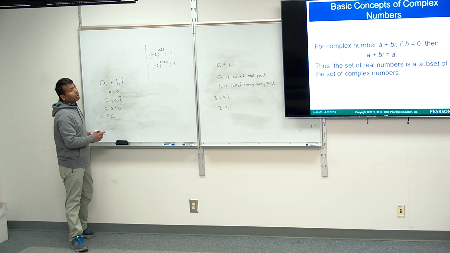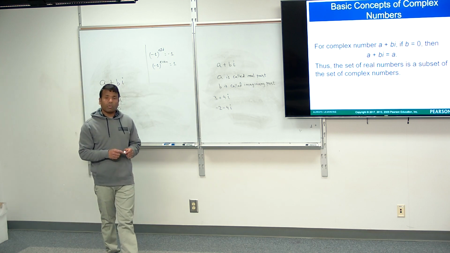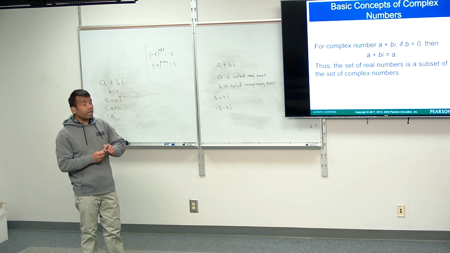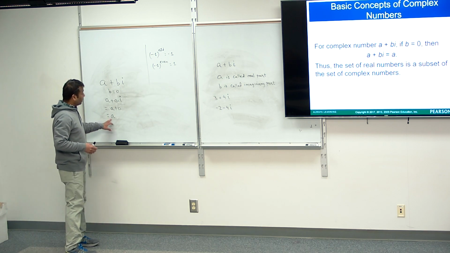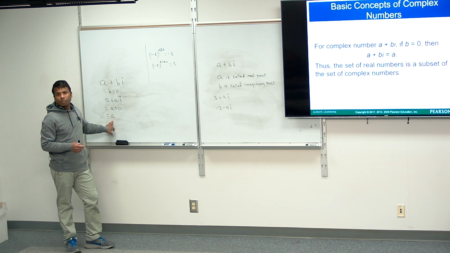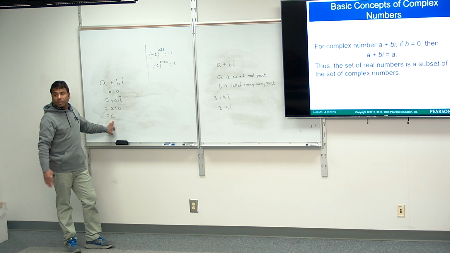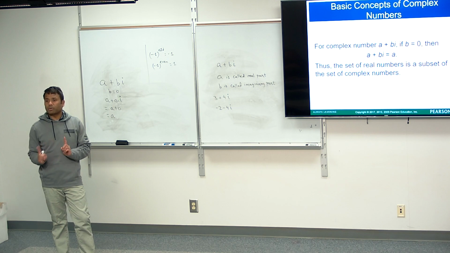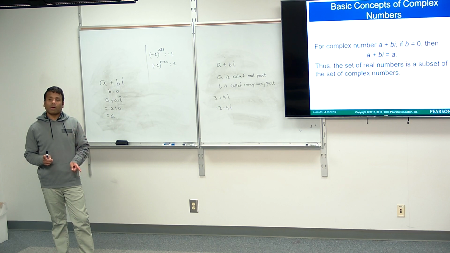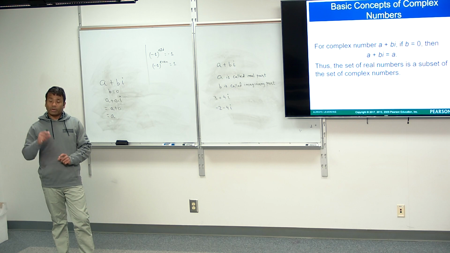So if you have a complex number A plus BI where B equals 0, then you will get a real number. So that means every real number is a complex number, but not vice versa. You see what I'm talking about? Every real number is a complex number with an imaginary part 0.